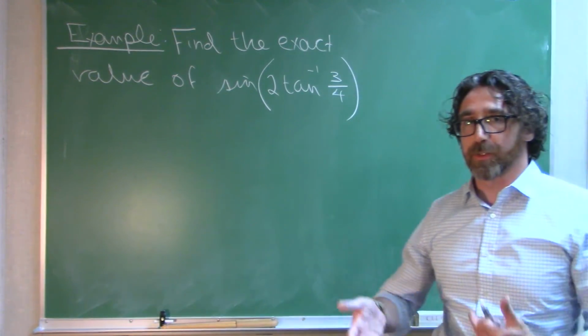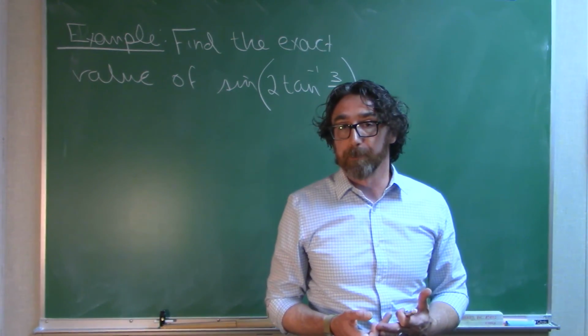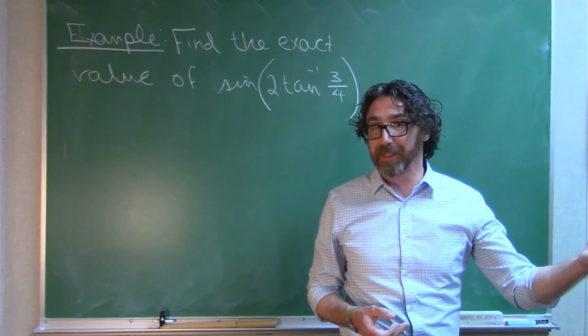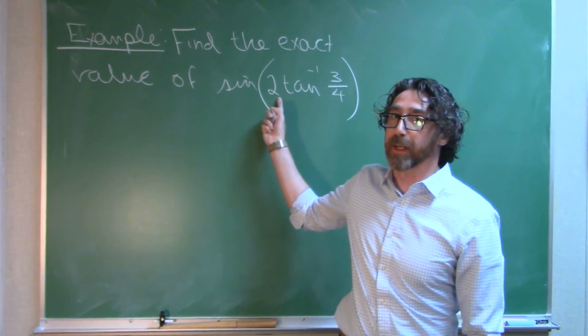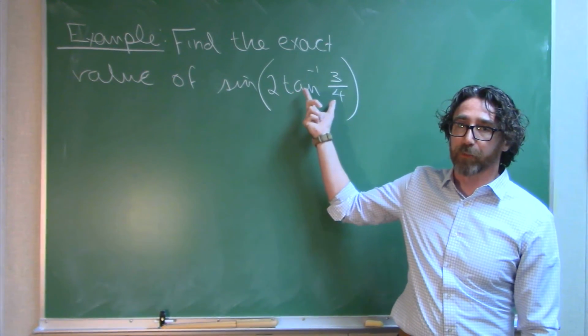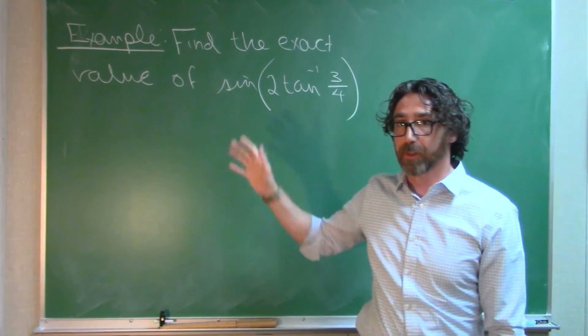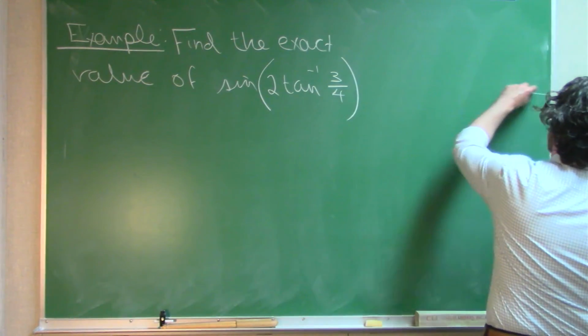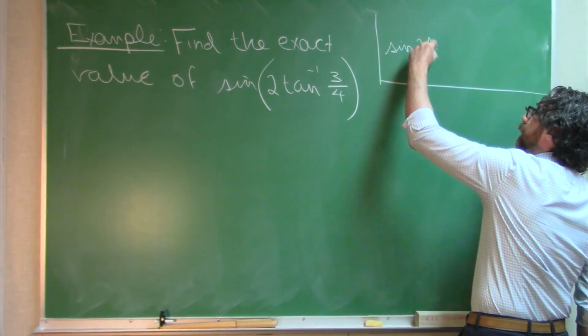So once again, this is going to test our knowledge of some formulas. Last time we had the angle sum formula. Here, I'm thinking we're probably going to need a double angle formula, because tan inverse is going to give us an angle, and then we're doubling that angle. So double angle formula for sine. So we'll need to have that handy. Sine 2A.